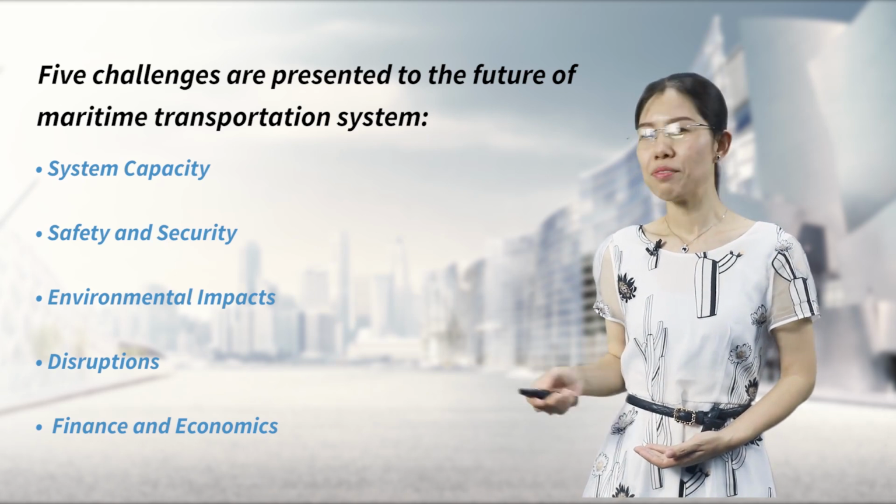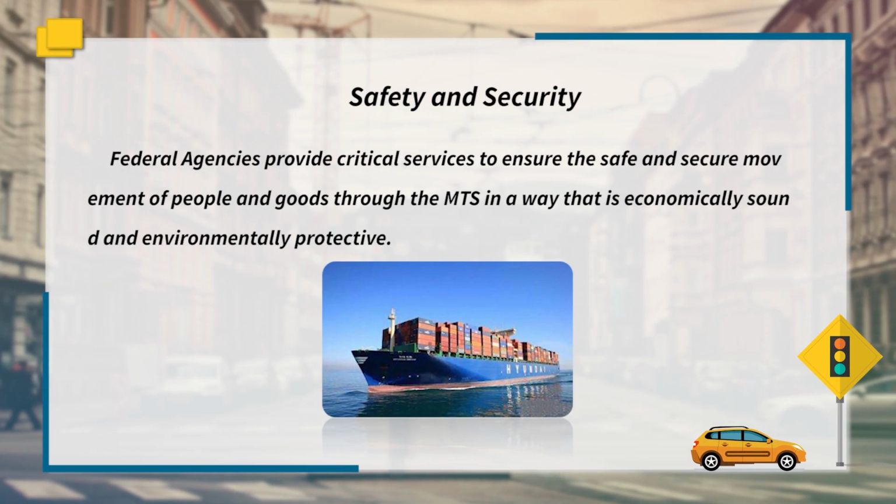Part 2. Safety and security. Federal agencies provide critical services to ensure the safe and secure movement of people and goods through the MTS in a way that is economically sound and environmentally protective.